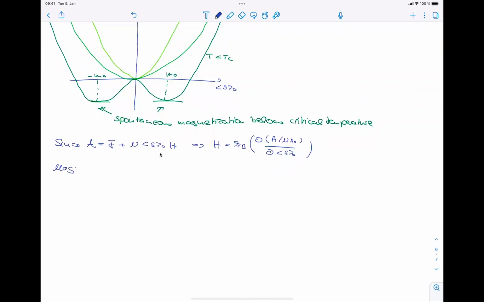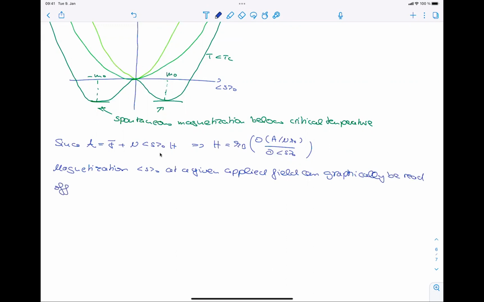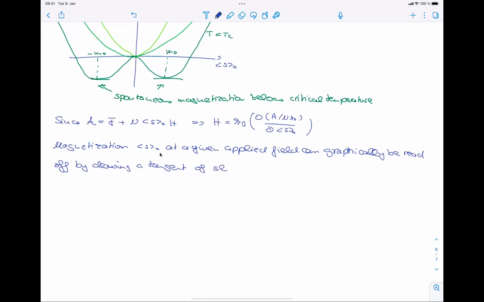And then the magnetization at a given field can graphically be read off by drawing a tangent of slope h over kB to the function a over n kB.